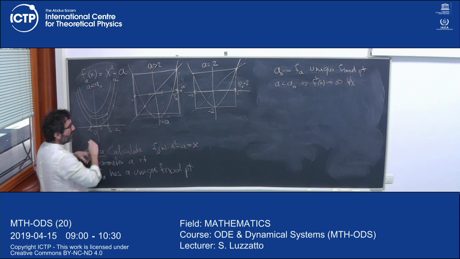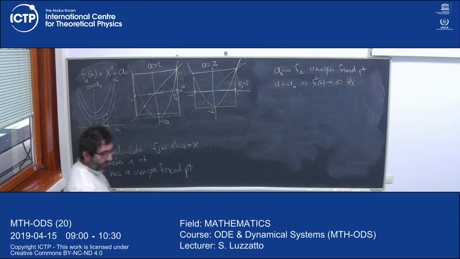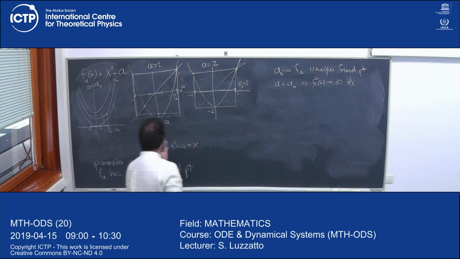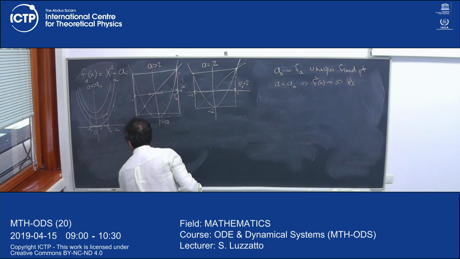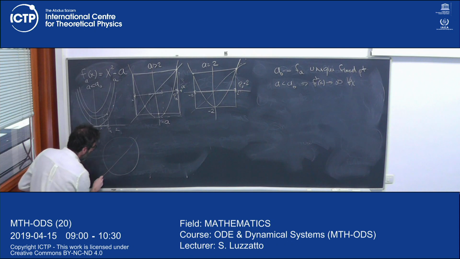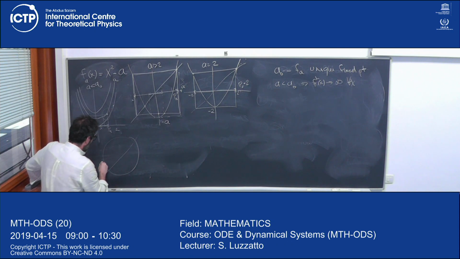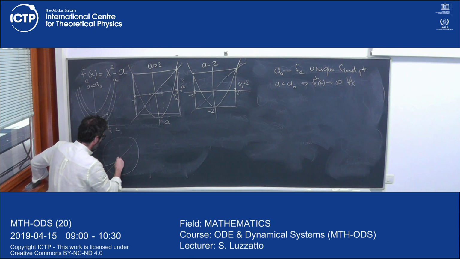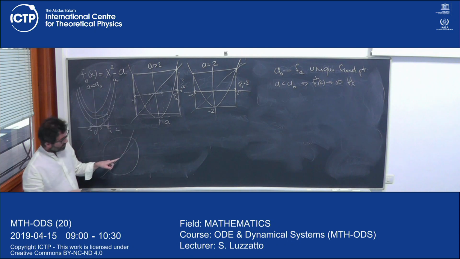Let's just zoom in to here. So let me draw a bigger version of that. This is the diagonal, and suppose our parameter is very close.